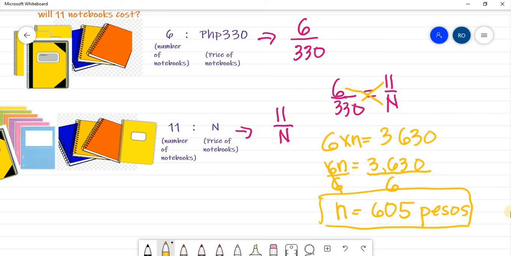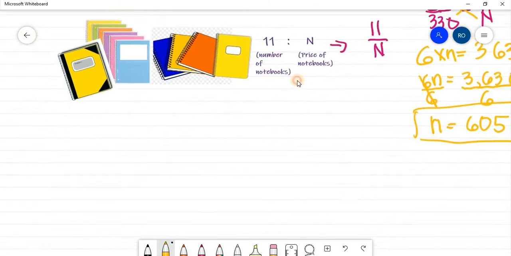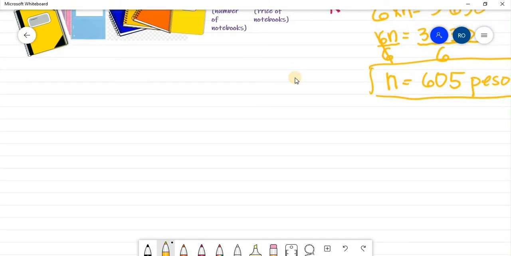Now let's take this proportion. We have 2 over 4 is equal to 6 over 12.